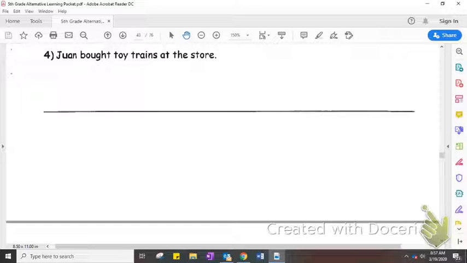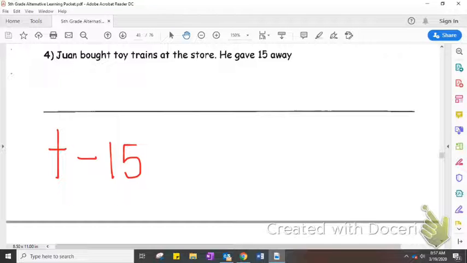Let's start with Juan bought toy trains at the store. Okay, I can put a T to stand for toy trains. Okay, now let's erase and read the next part. Ooh, I need a smaller eraser. He gave 15 away. That sounds like subtraction. Sounds like we're subtracting 15. Ooh, and had 9 left.